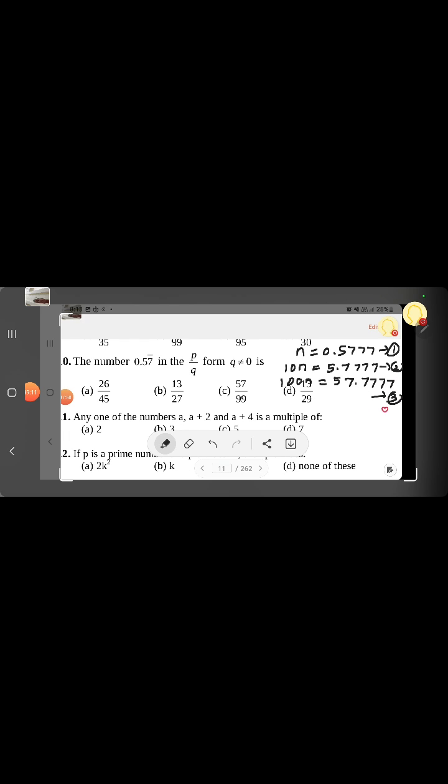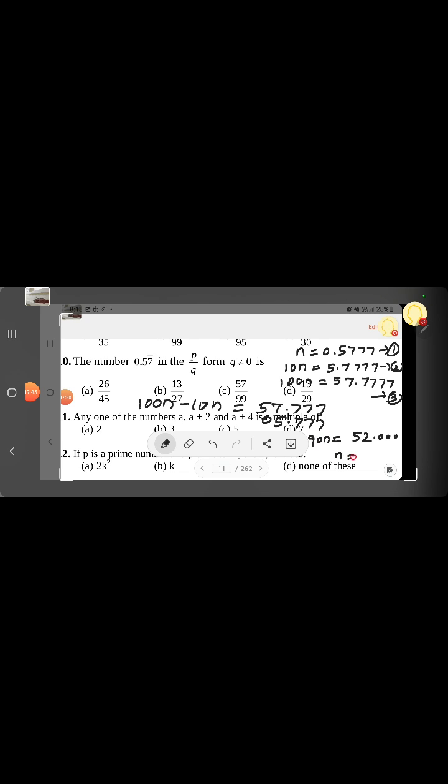Now you have to subtract 3 from 2. So that is 100n minus 10n equal to 57.777 minus 5.777. So when you subtract, the decimal part becomes 0, right? So 52.000. On the left side, 100n minus 10n is 90n.